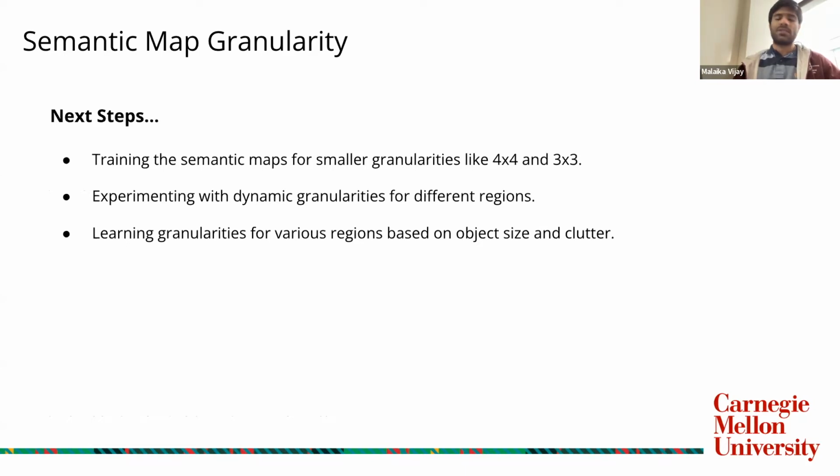So in the following semester, we'll be beginning with training the semantic maps for smaller granularities like 3x3 and 4x4. We'll then be experimenting with dynamic granularity policies for different regions of a particular scene. And ultimately, we expect these granularities to be learned for the various regions, depending on the object size and the level of clutter that is generally seen in those regions.